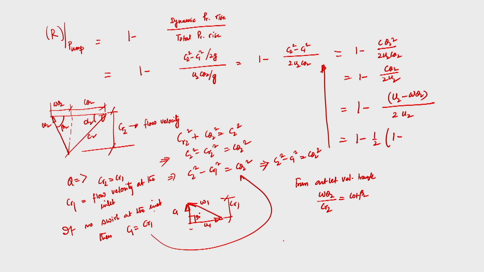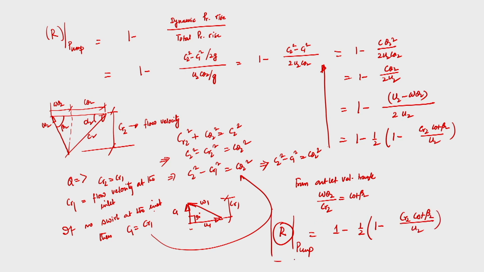So, W theta 2 is equal to CR2 cot beta 2, and W theta 2 by U2 is CR2 cot beta 2 by U2. So, the degree of reaction of a pump, after doing this exercise, is 1 minus half into (1 minus CR2 cot beta 2 divided by U2).